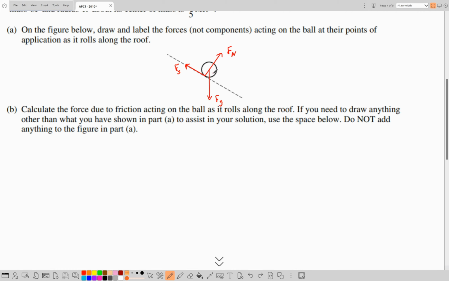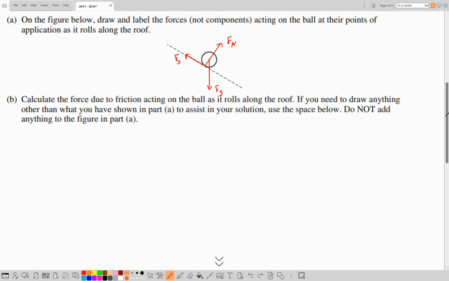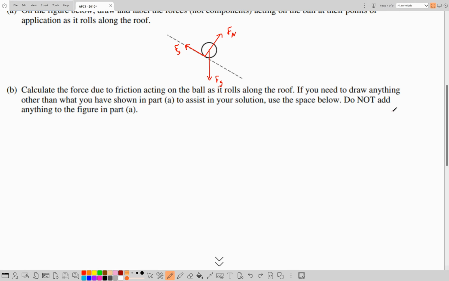And in order to determine the acceleration, we need to consider the pivot at the point of contact, in order to eliminate both friction and the normal push. And then let's apply Newton's second law for rotation.